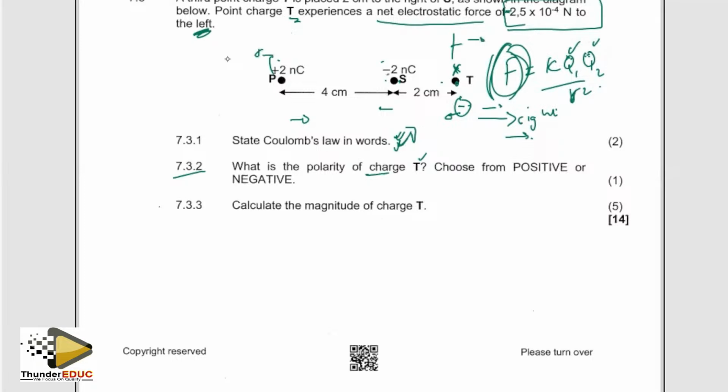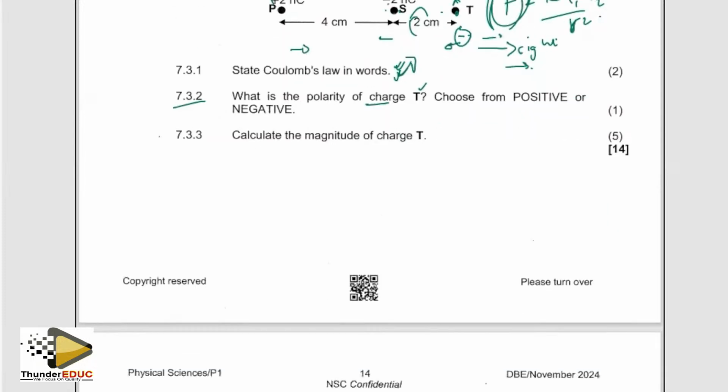But then the negative and a positive will cause some attraction, so that the overall net force is to the left. Remember, the smaller the distance at the bottom, the bigger the force. So the force between S and T must be greater than the force between P and T. All right, so we're going with positive.